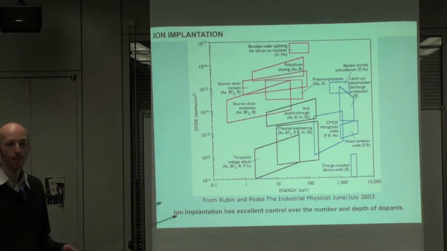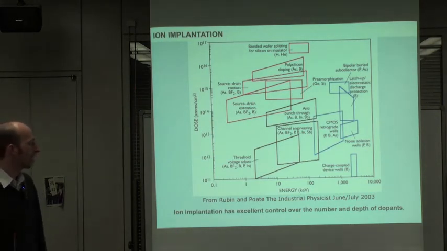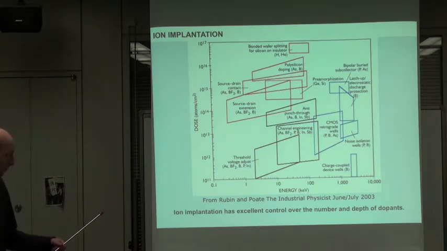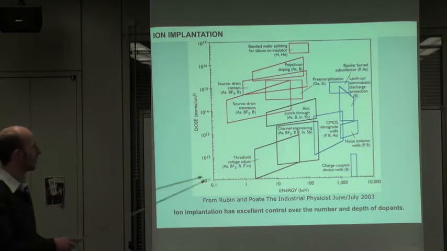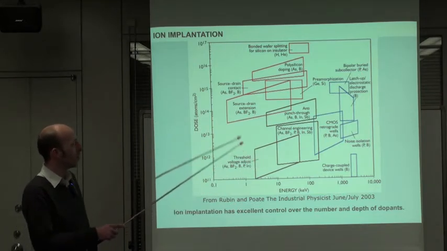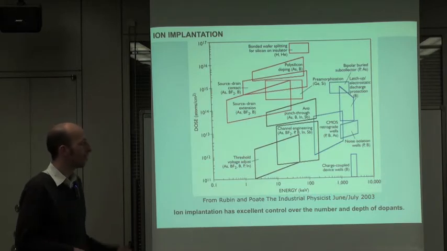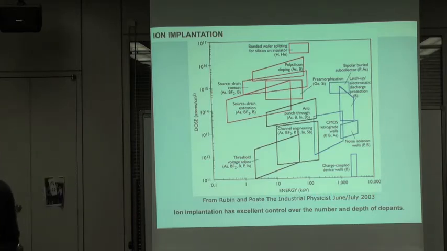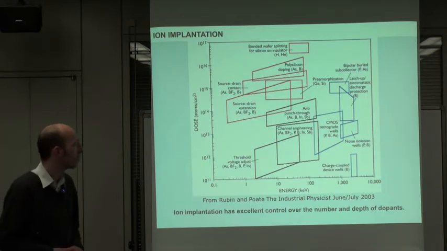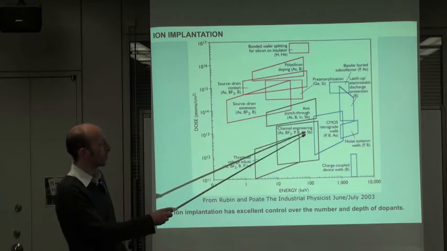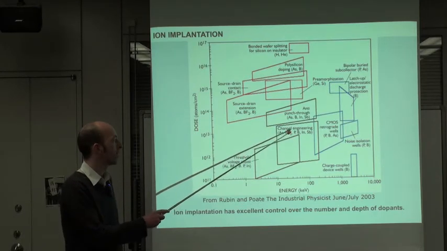In computers like this, ion implantation is a popular technology to fabricate devices. This is just a graph of all the different types of ion implantation you might use to fabricate a device. For a standard device now, I think there's about 40 different implantations to fabricate a chip. For example, you might do some channel engineering in a MOSFET.